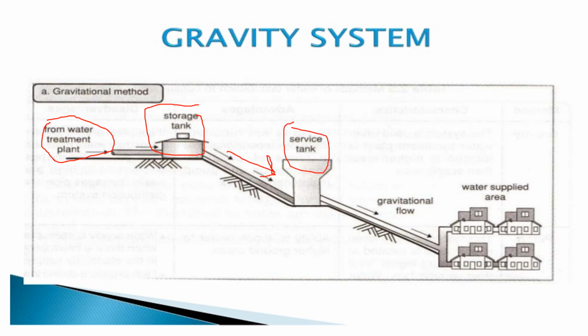We cannot flow the water in a haphazard way. We should give the water for particular times and particular purposes, so the service tank is given. After that, through gravitational flow, water goes to different supply areas. The level of the storage tank where water is stored is much higher than the supply level. The gravity system works in this way.